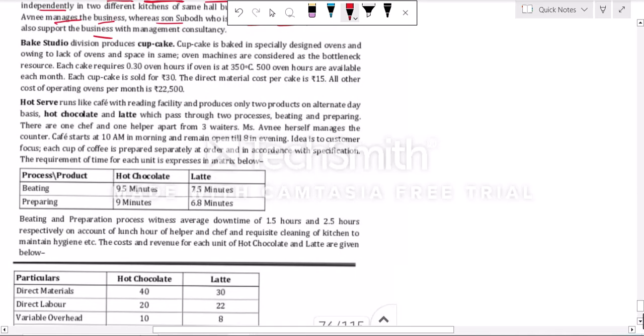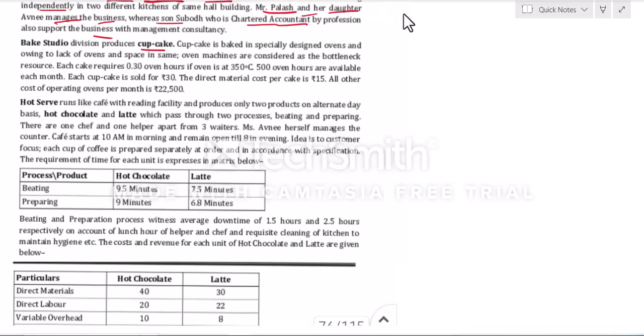Bake Studio division produces cupcake. Cupcake is baked in specially designed ovens, and owing to lack of ovens and space in the same, oven machines are considered as bottleneck resource. So what is the bottleneck resource here? Oven machines.